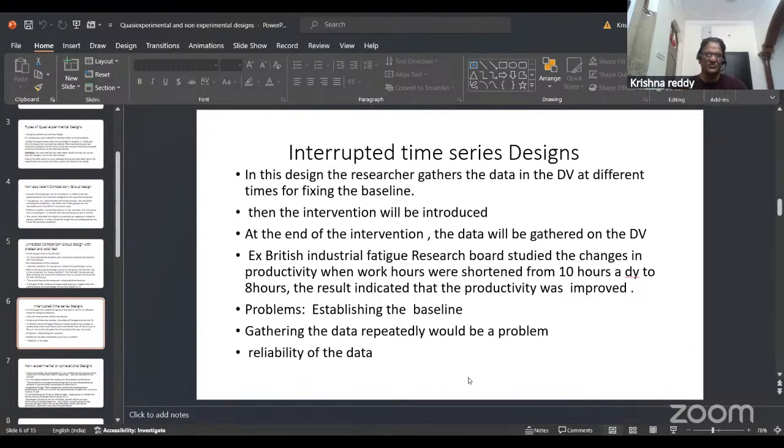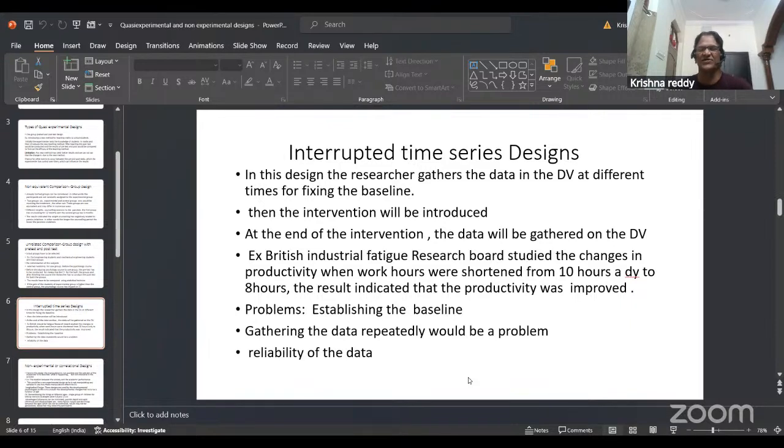If you know the present standards, it may be class 8 or class 7, whatever class you may be taking, what are their levels of learning at present on the whole? If you know that most of the students are at this level, which we can call the baseline, then we try to improve their learning from that baseline. So this intervention will be for this purpose.